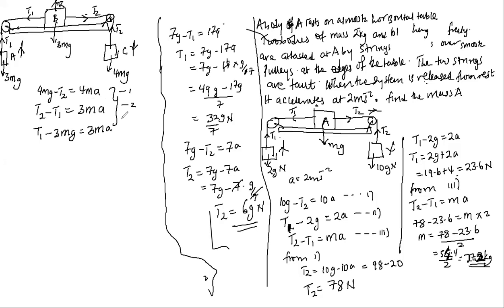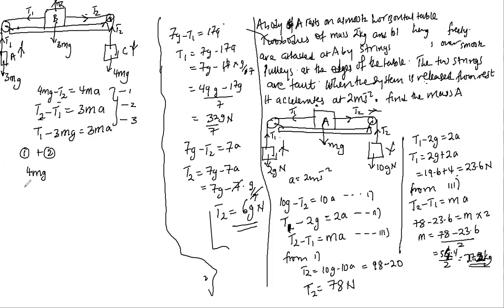Equation 1, equation 2, equation 3. So I can add 1 plus 2. This will give me 4mg. I will eliminate T2 with this one. Minus T1 is equal to 7ma to give me a new equation, star.